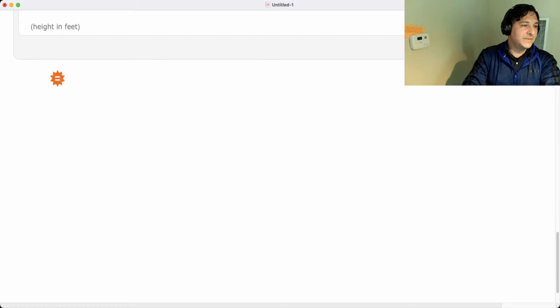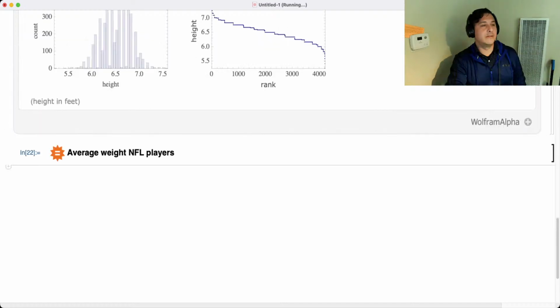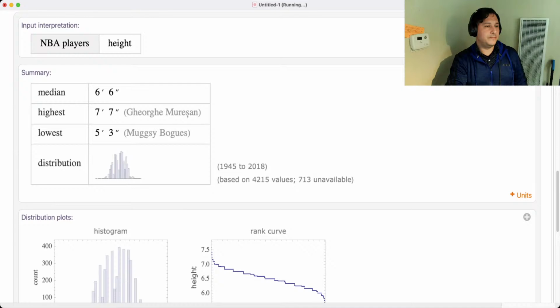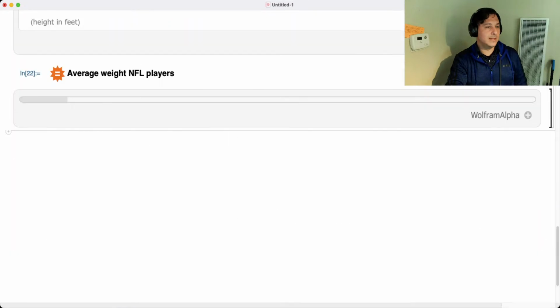So, average weight NFL players. Let's see what it tells us. It apparently takes a minute for it to think about it. Okay, it's thinking.